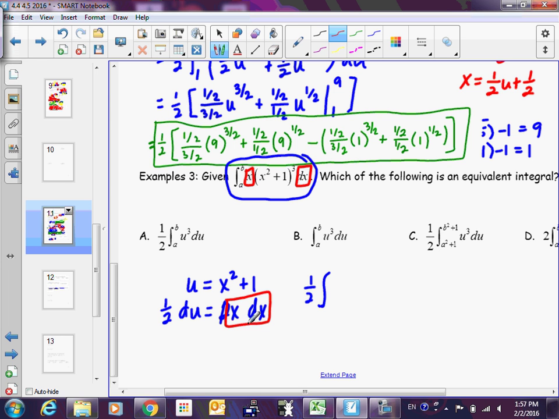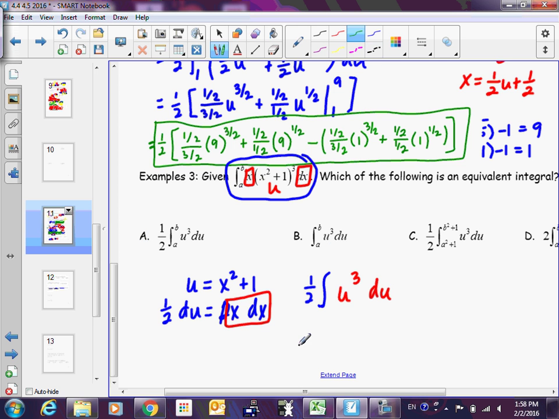It matches up perfectly. This is not TOCO. All we have to do is replace the x squared plus 1 with u, and then replace the x dx with a 1/2 du. So the answer is A, right?